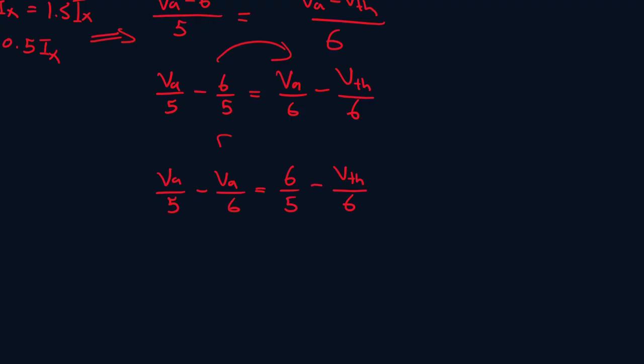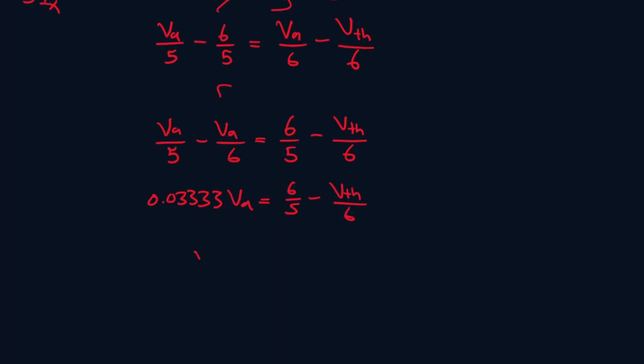Let's combine these two. 1 over 5 minus 1 over 6, so that's 0.0333 VA is equal to 6 over 5 minus VTH over 6. So let's isolate for VA. 6 over 5 divided by 0.0333, that's 36, minus 1 over 6 divided by 0.0333, that gives you minus 5 VTH.